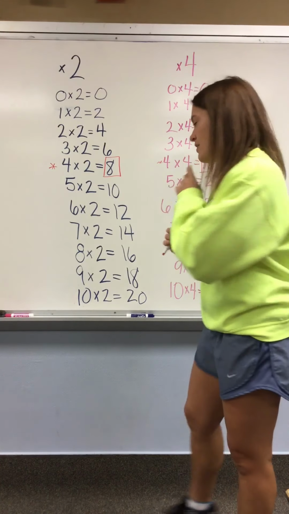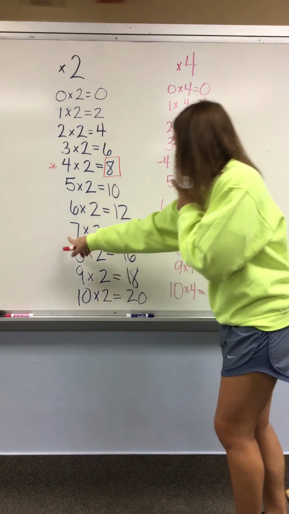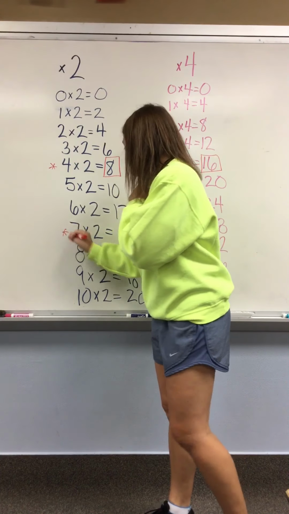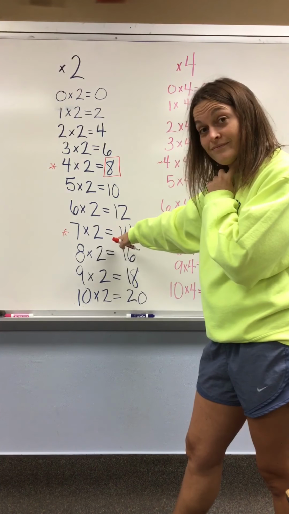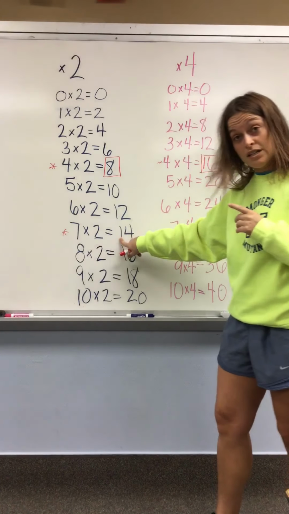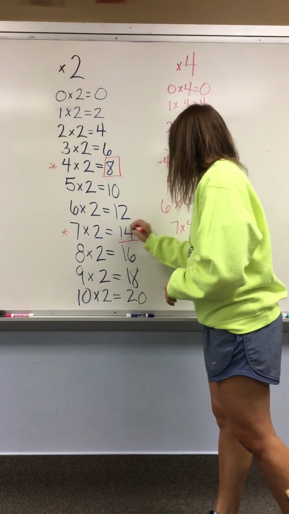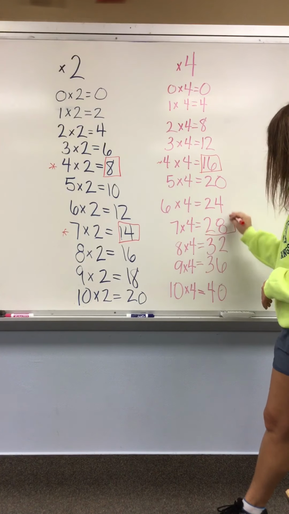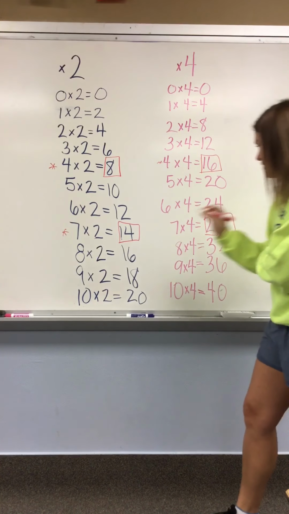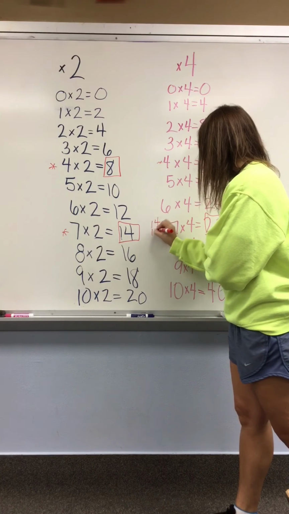Okay, let me look at another one here. How about 7 times 2? 7 times 2, what's the product? The product is 14. Now in 7 times 4, my product is 28. Let's see, 14 plus 14.